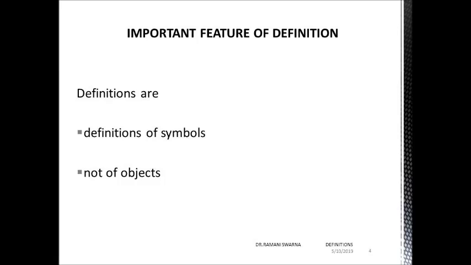What are these objects? These are the objects which are materially present in the external world for us, and they occupy some space and time. So definition is the definition of symbols and not of the objects itself. And these symbols are the linguistic symbols standing for that particular object.